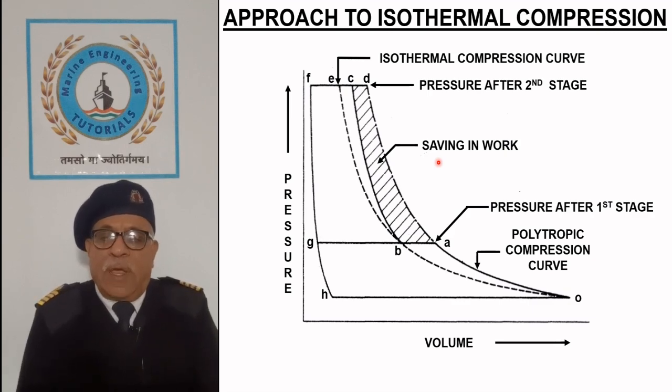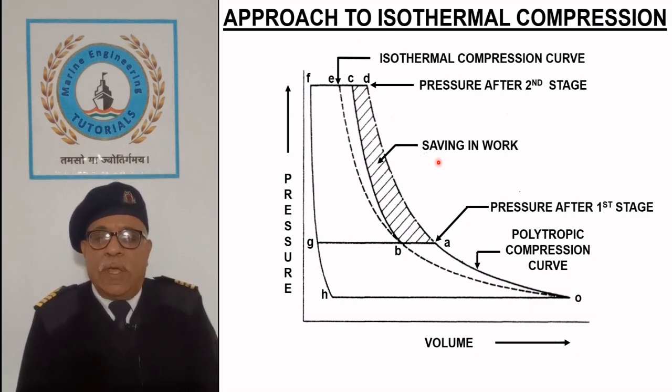We can observe that compressing the air in two stages with intercooling helps us save work given by the area A, B, C, D, A and approach towards isothermal compression.